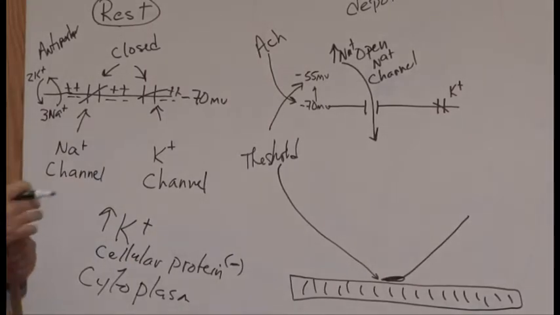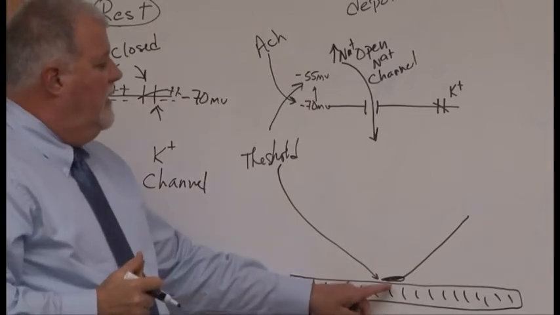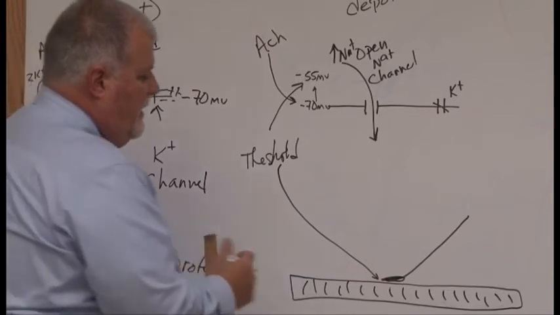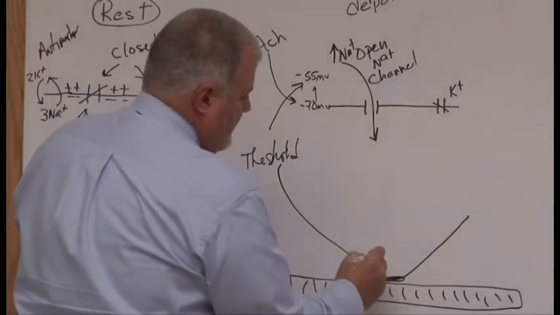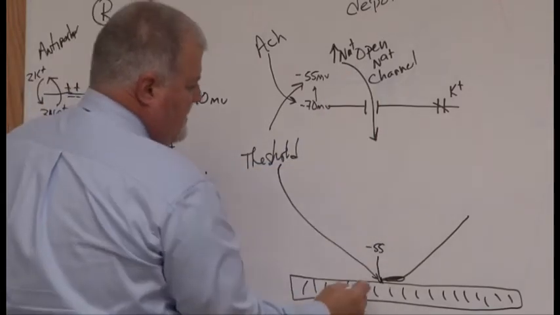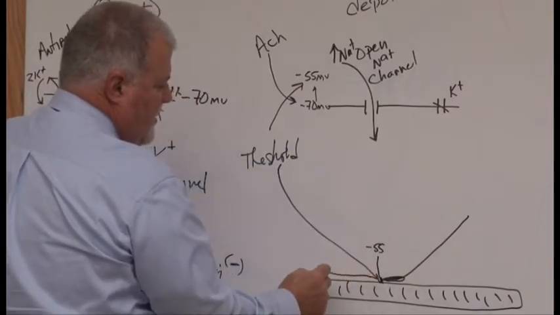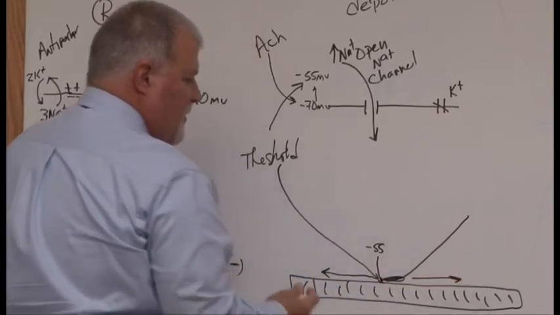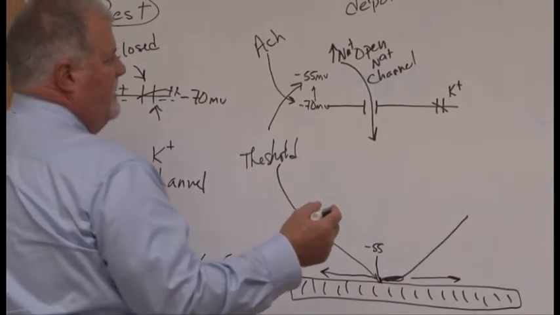So at the neuromuscular junction, when we open the channels with acetylcholine, we move the membrane to reach threshold at minus 55. And then that opens sodium channels. And that event will occur in both directions from the neuromuscular junction, where we're going to start opening sodium channels.